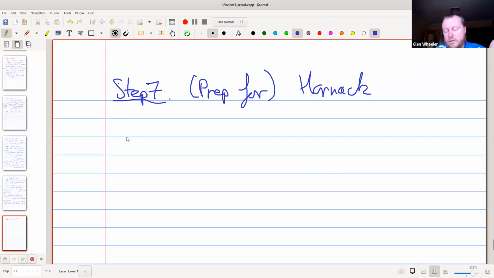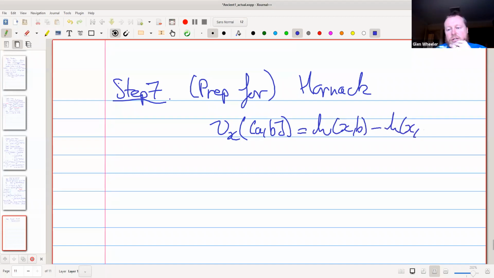So basically what we want to do is we want to derive some, okay, so we're going to fix the x and take the measure nu now with a fixed x, and if you apply it to an interval, then this is our function h at x and b minus the function h at x and a.